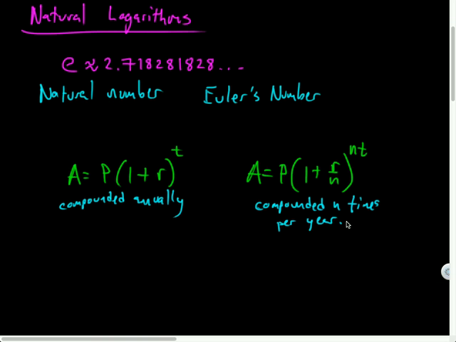So it turns out that your interest earns you interest. And I think I said the other day that Albert Einstein is quoted as saying that compound interest is the most powerful force in the universe, because your money can start making you money like crazy fast.